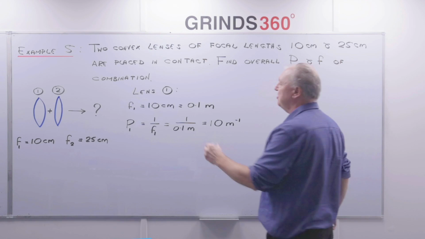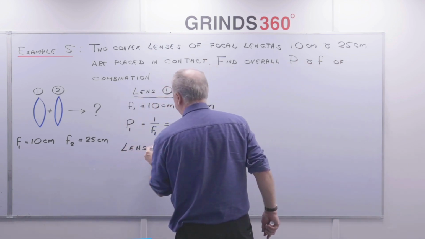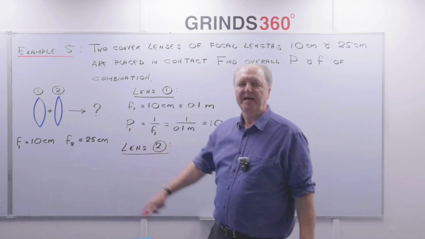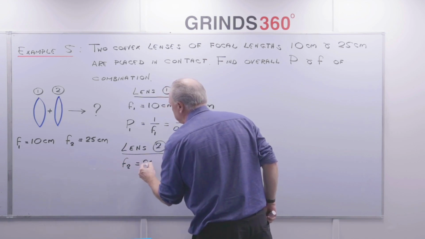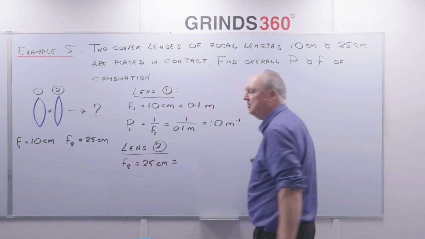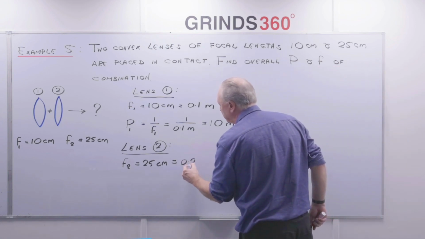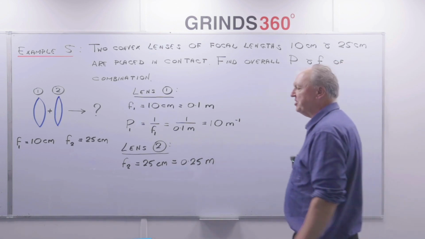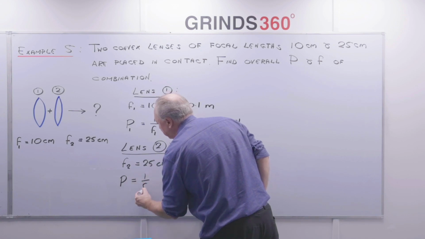Now let me go to lens number 2. What's the focal length of lens number 2? F2 is 25 centimeters. What's the first thing I should do? I should turn that into meters by dividing by 100. And that's 0.25 meters. What's the power? Power is 1 over F. In this case, power 2 is 1 over F2.